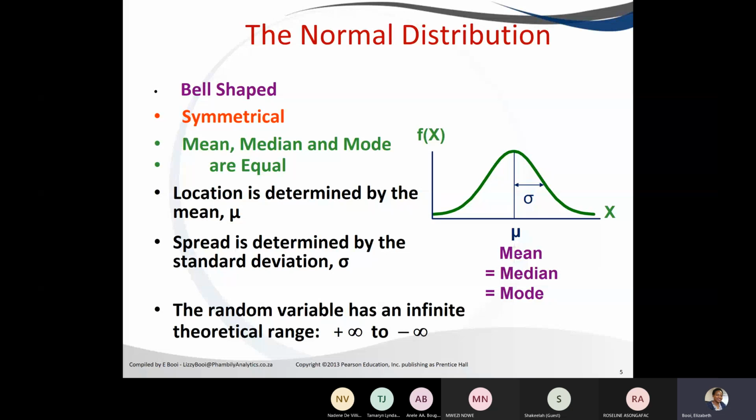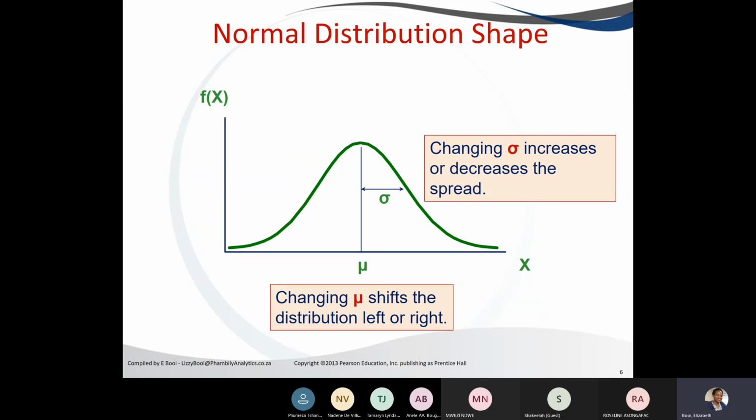So the mean will tell you the location of the curve, where it's located. And then your standard deviation will tell you whether it is flat or tall. It tells you the spread of this distribution as well. And also what you need to know is that if we change the value of our mean, the graph will just move from left to right based on the value of your mean.